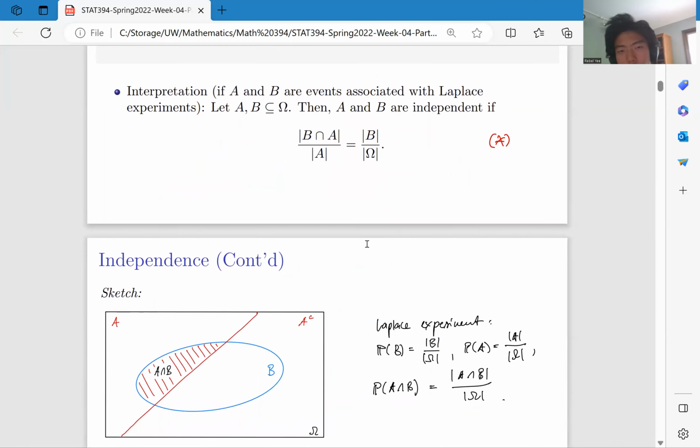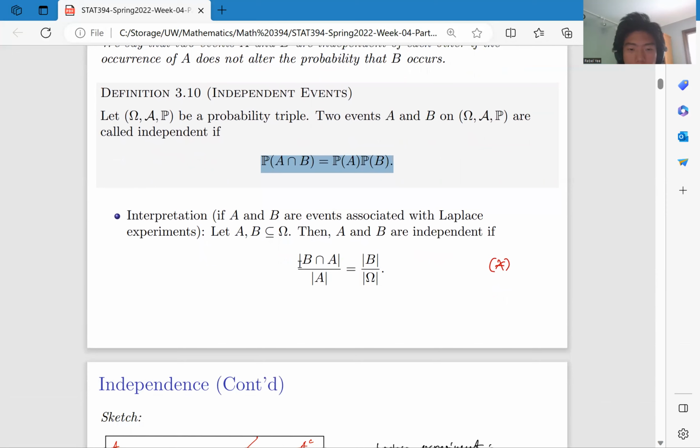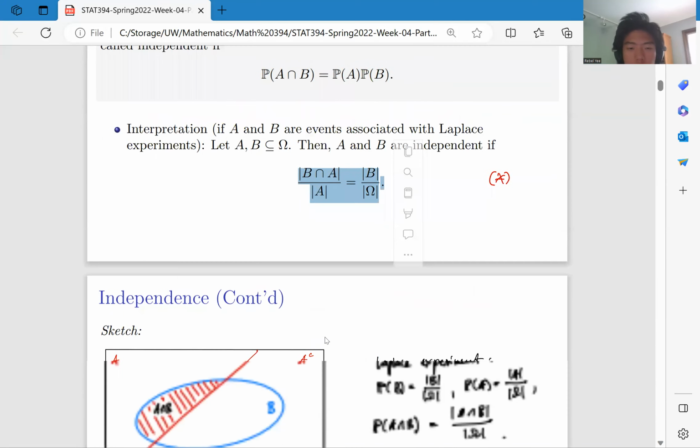But usually this formula is the definition, while in some realistic examples, maybe this is not easy to see or not easy to calculate based on what we have. And this formula is also very important, as we derived here.